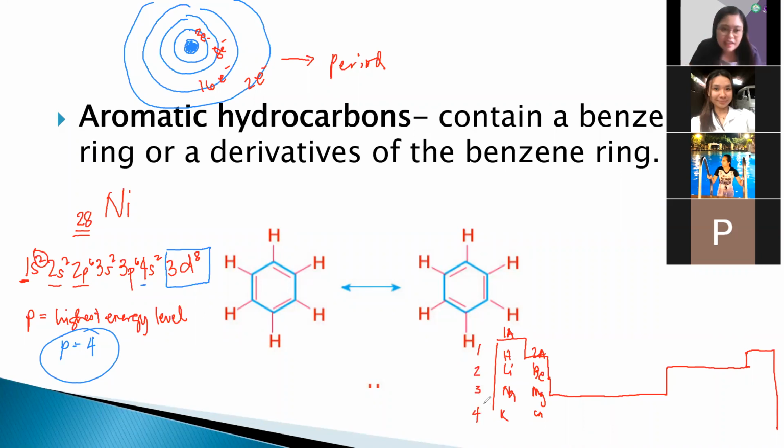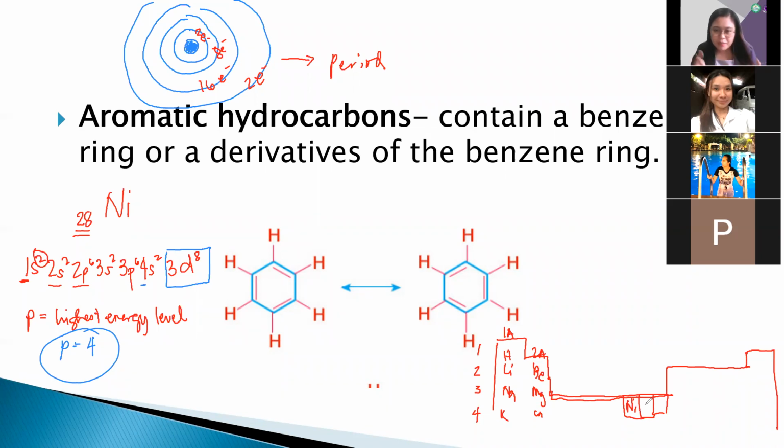So if you look at nickel, class, nickel is actually found here, in line with potassium and calcium. My drawing of the periodic table isn't very neat, but it is in period number 4. Nickel is found here. So look at the periodic table.